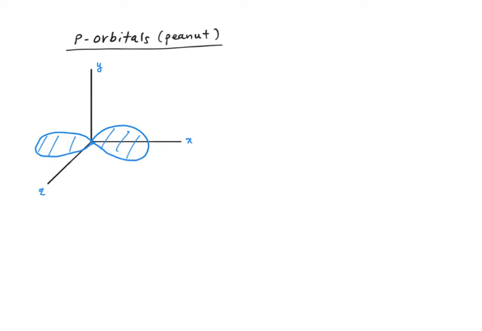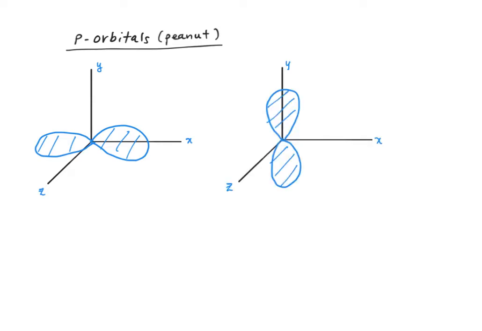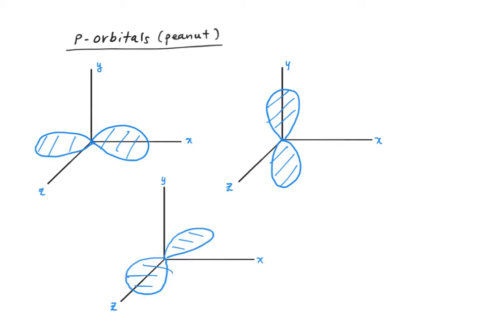What's unique about p orbitals and all the orbitals as we move to more and more complex ones is that there are multiple ways in which we can orient these orbitals in space. A p orbital doesn't have to be confined to just residing around the x-axis in 3 dimensions. It could sit around the y-axis, and it would look like this. Or it could sit around the z-axis, and it might look like this. All told, there are 3 possibilities for orientation of p orbitals in space.